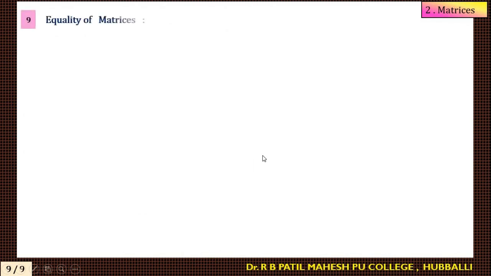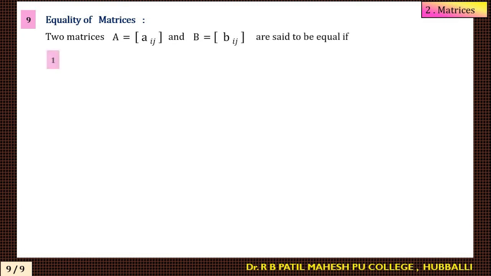Next definition, equality of matrices. Two matrices, A equal to aij and B equal to bij, are said to be equal if, first condition, they are of the same order.